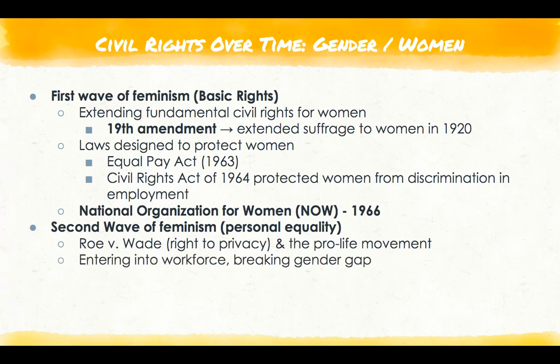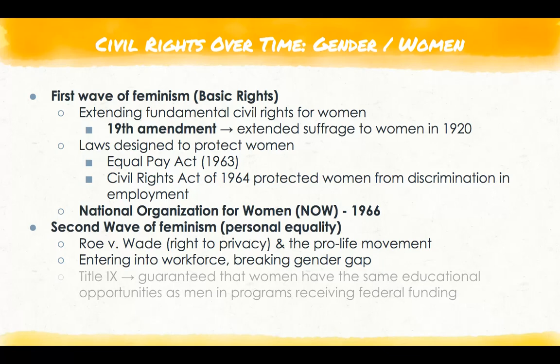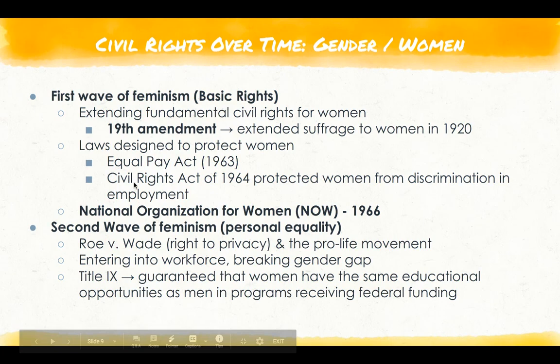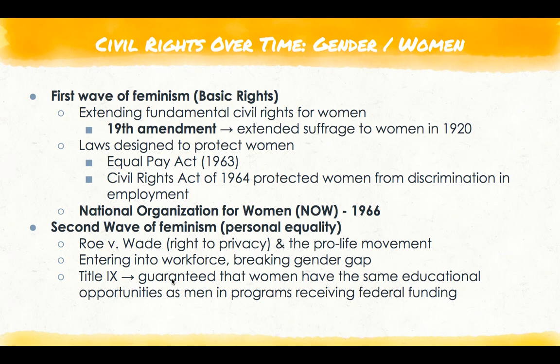The second wave of feminism also has focused on women entering the workforce and breaking the gender gap. So doing jobs that are traditionally done just by men. This was a huge focus on that second wave. And in the 70s, we see the passage of Title IX, which is actually an amendment to the Civil Rights Act of 1964. And this guarantees that women have the same educational opportunities as men in programs that receive federal funding.